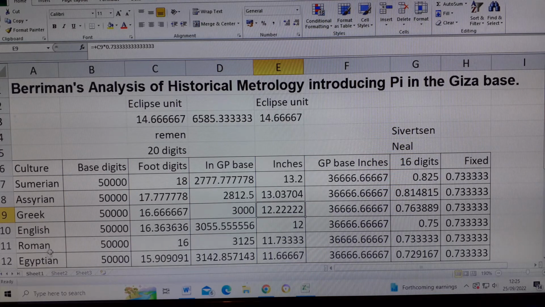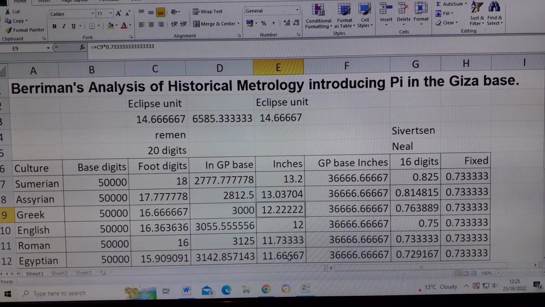And when we use the Egyptian foot, and we know the Egyptians designed Giza against the Seked of 14/11, which is base 7 and base 11, we're going to get, as we would expect, 3142.857143 of these Egyptian feet in the Giza base, and that is 22/7 multiplied by 1,000.